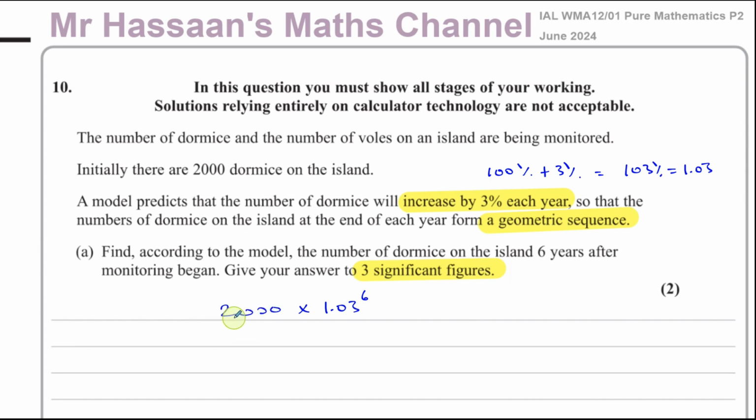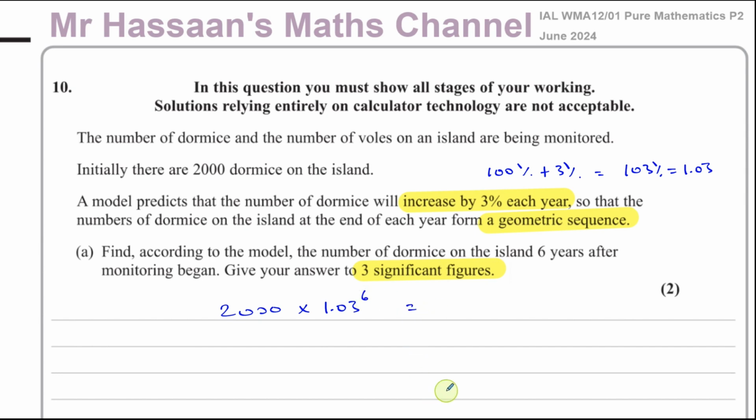So at the beginning of the first year it will be 2,000, and at the end of the first year it's going to be 2,000 times 1.03, then at the end of the second year, and so on, you're going to have to increase. After 6 years have passed, you're going to have a 6 there.